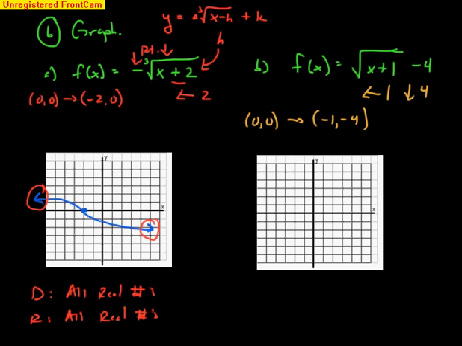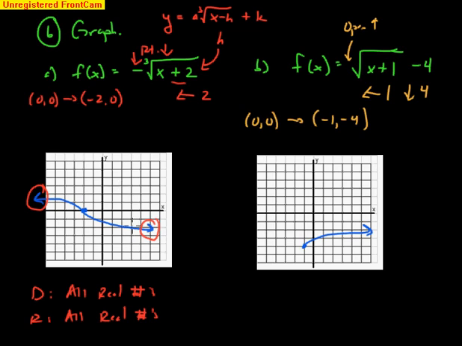And there's our new point. -1, -4. There is no a, so we open up. So just draw a curve opening up. That's it, just like that. And there's your square root graph.